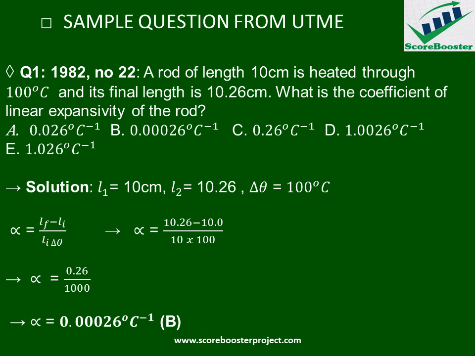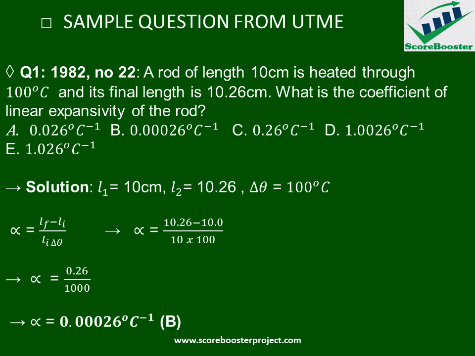We have to recall that our linear expansivity alpha is given as the final length minus initial length over initial length times change in temperature. If we substitute, we have alpha equals final length, Lf, which is 10.26, minus initial length, which is 10.0, divided by initial length, which is 10, times change in temperature, which is 100.